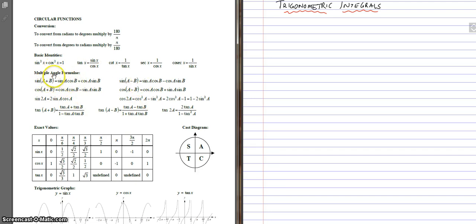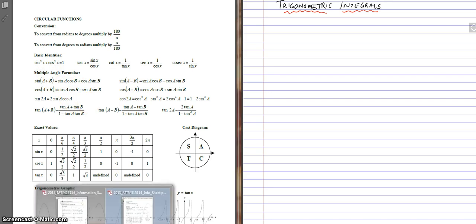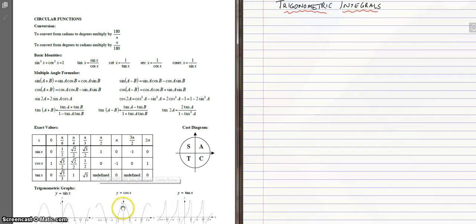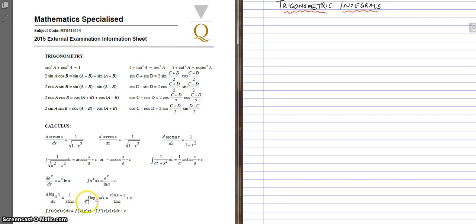So you can see that there are different collections of formulas which are useful for expressing some trig outcomes, and they're useful when it comes to integrating trig functions.